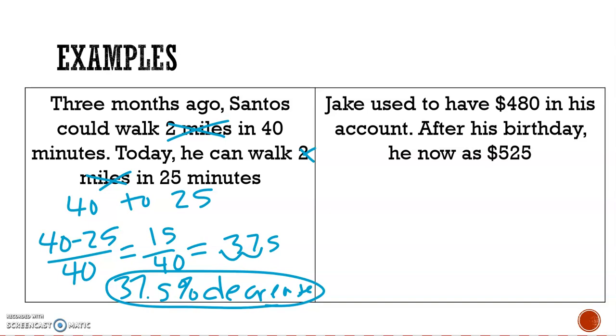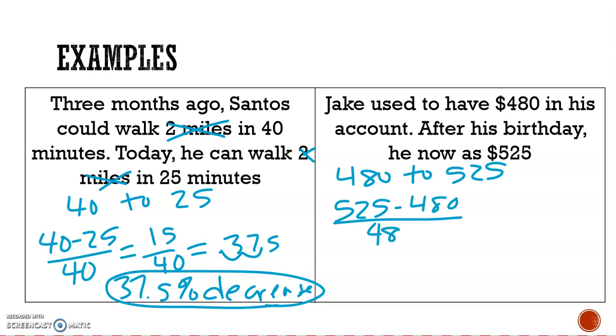All right, Jake used to have $480 in his account. After his birthday, he now has $525. So he was at $480, and now he's at $525. He used to have, meaning before, and now would be after, today or something. So I'm going to subtract those. 525 minus 480, and the 480 happened first in time, so 480 is my denominator. 525 minus 480 is 45.